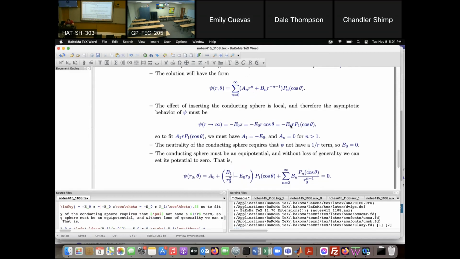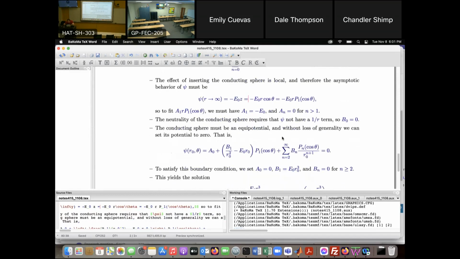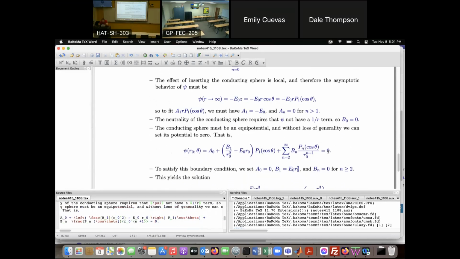Now, in order to make sure that this boundary condition is satisfied regardless of theta, since the whole thing must be equal to 0, and we have all of these constants multiplied by Legendre polynomials that are orthogonal, therefore linearly independent, all the coefficients must be 0.